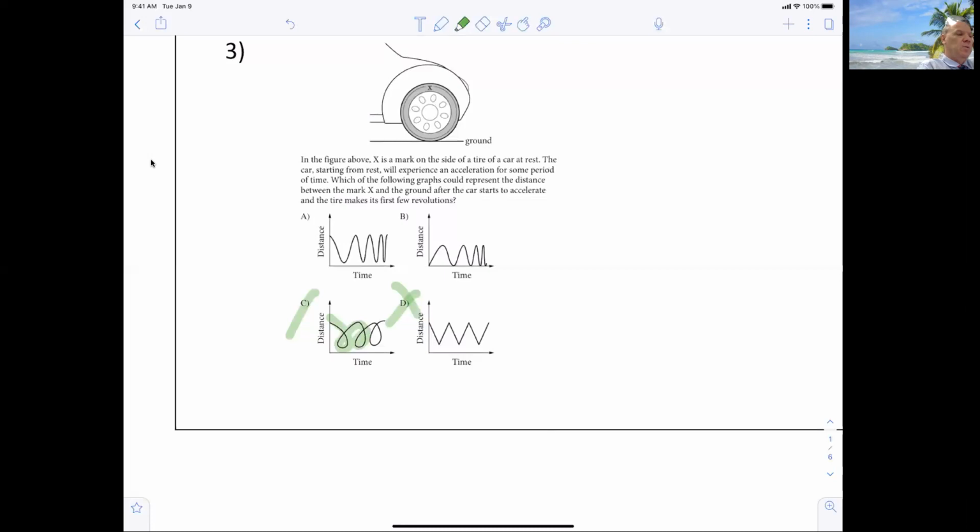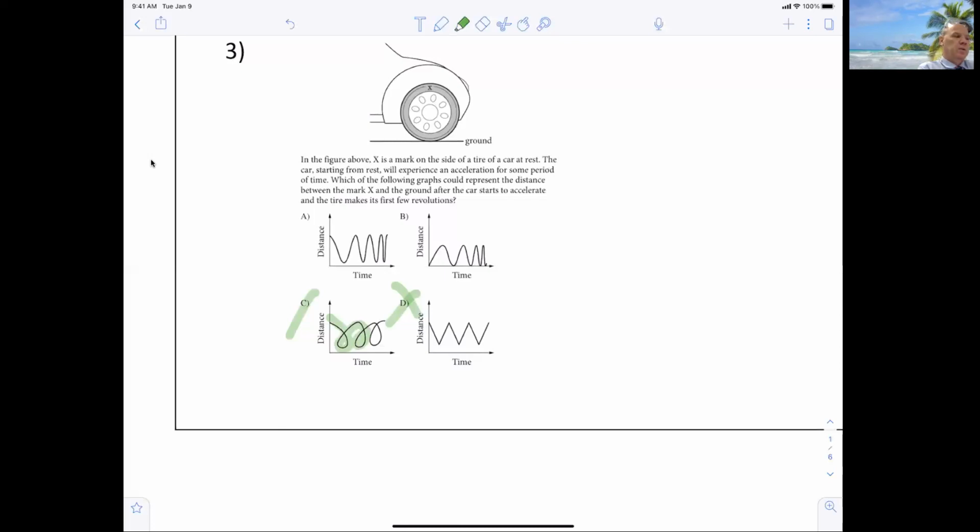Okay, so now I thought A and B were super similar. All right, someone tell me why they knew it was something before the other. What did you think? Yay, that's exactly right.